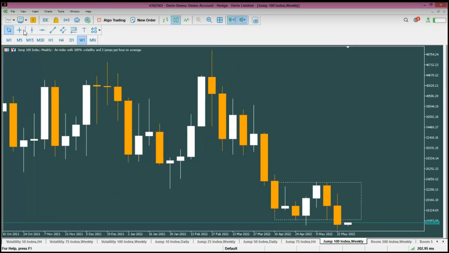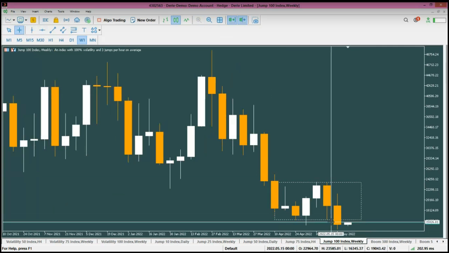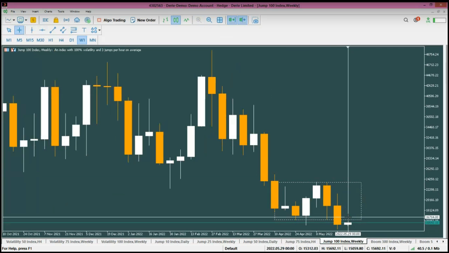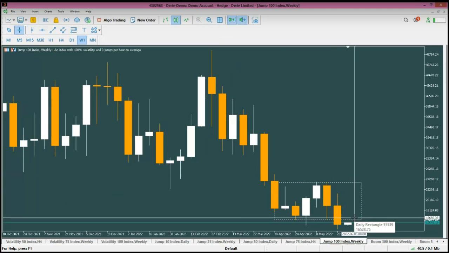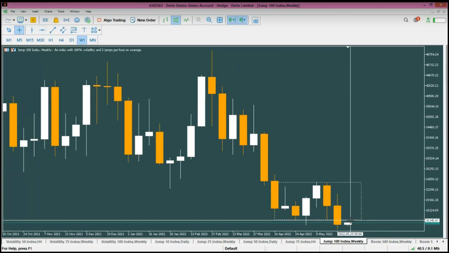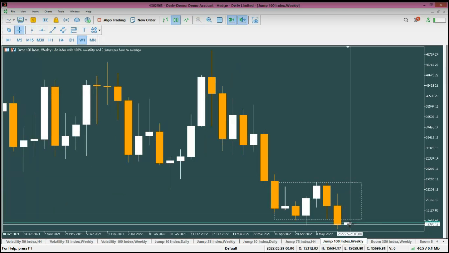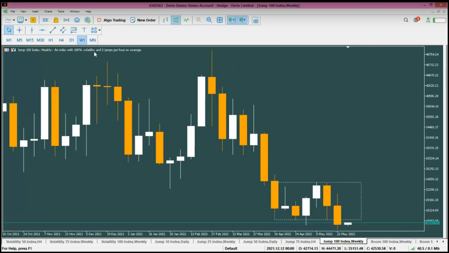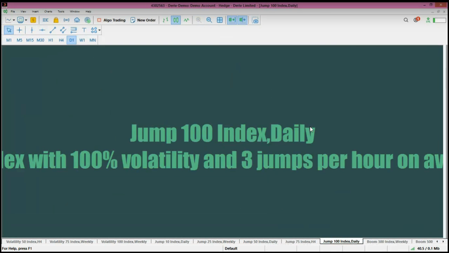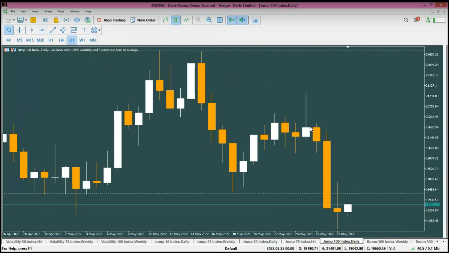Because as you can see, around here is a support. You need to make sure before you make an entry there that this support is broken. Otherwise, there might be a false breakout, and then it might take your money.